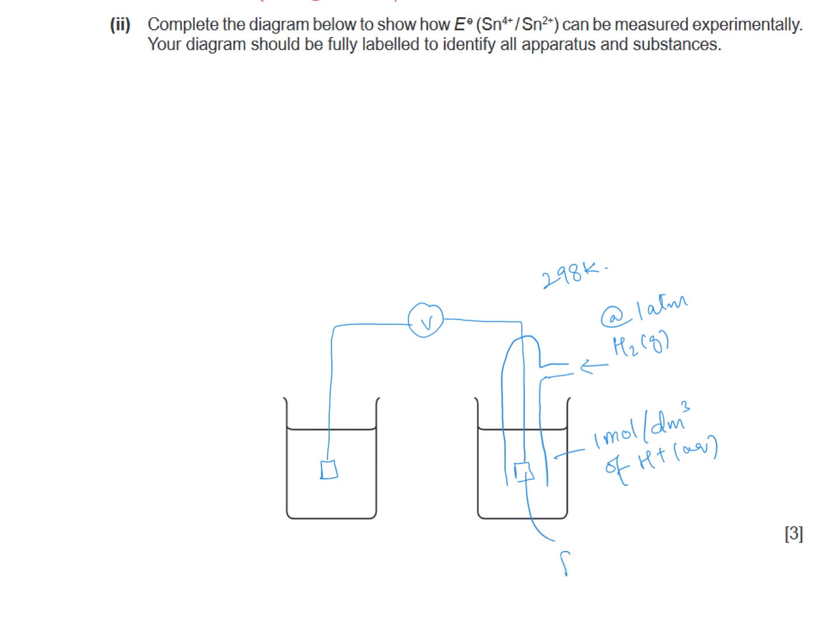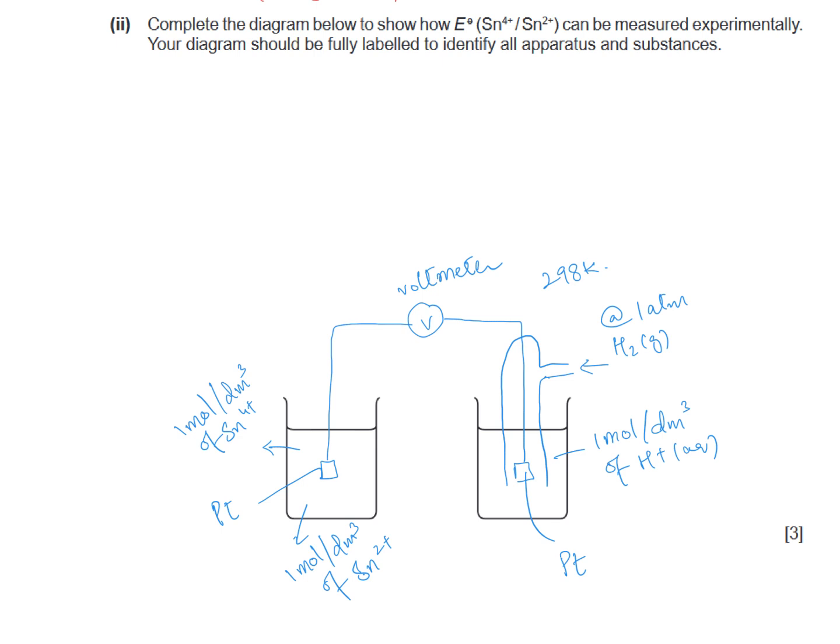The electrodes need to be labeled as well. Voltmeter, because we need to know the voltage, so this is going to be my voltmeter. This is going to be 1 mole per dm cube of Sn4+, and because we're going to have both the ions in the solution, we need 1 mole per dm cube of Sn2+ as well.